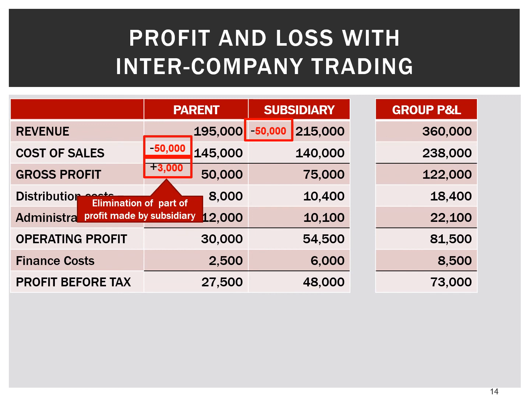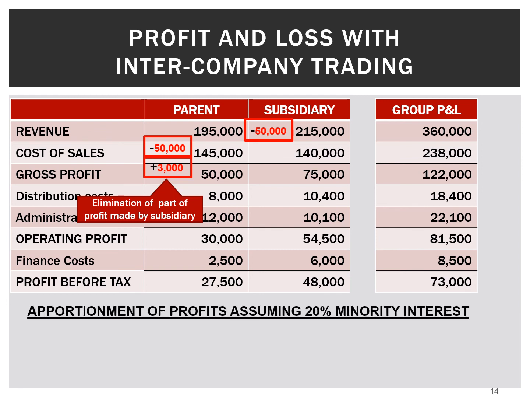And there's the important thing to remember. In this case, it was the subsidiary selling goods to the parent company. So that £3,000 unrealized profit that we're eliminating was part of the £48,000 profit before tax shown in the subsidiary company's profit and loss account.